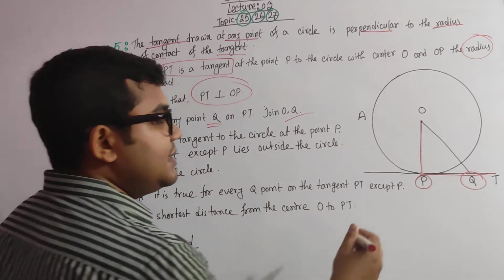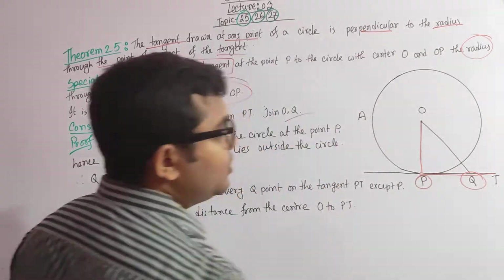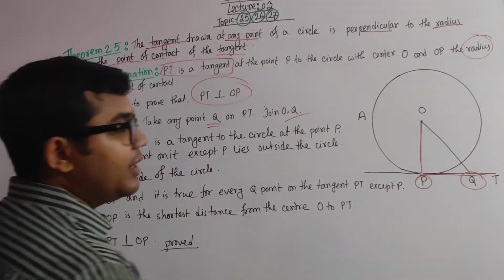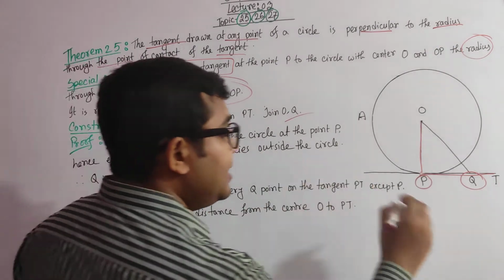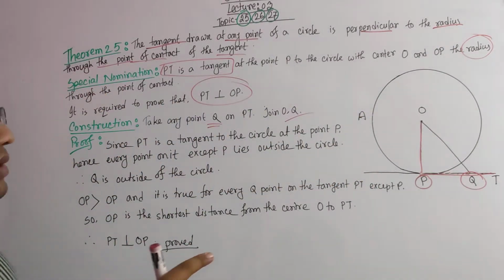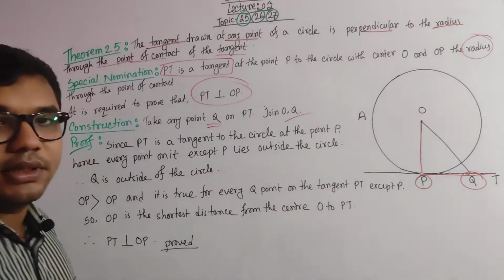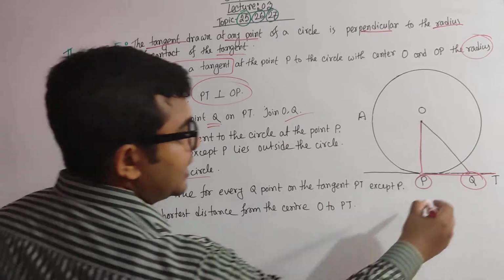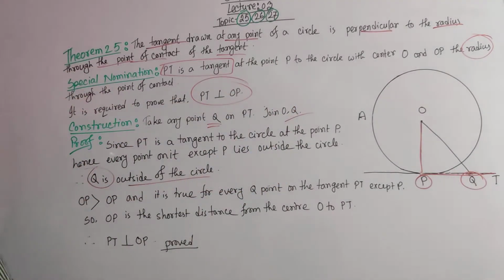So any point on this tangent will be outside the circle. So the point Q is also outside the circle.